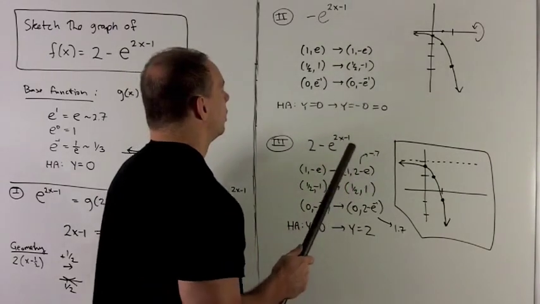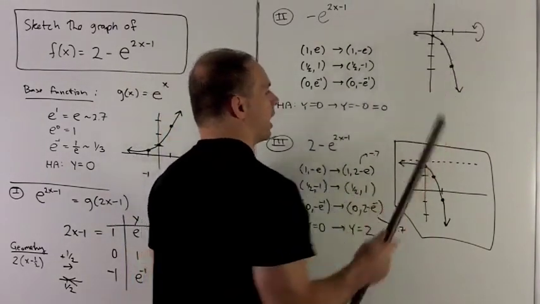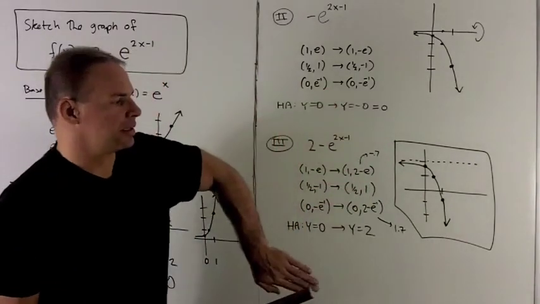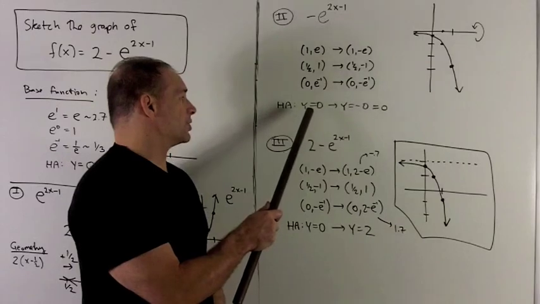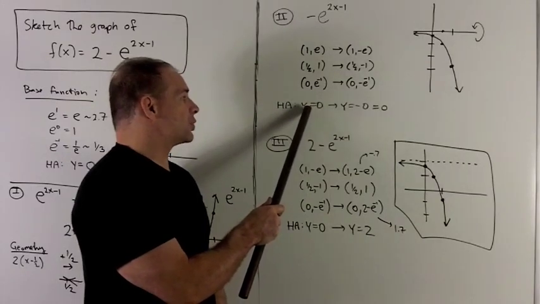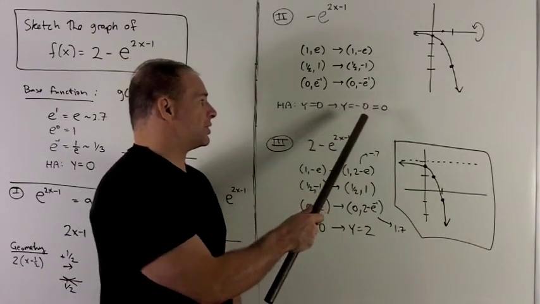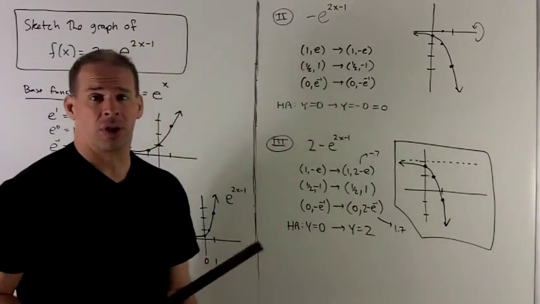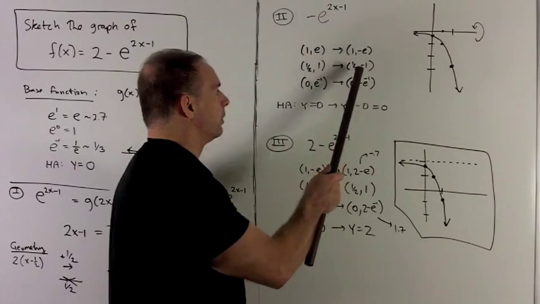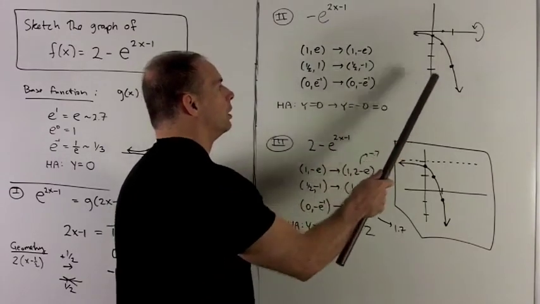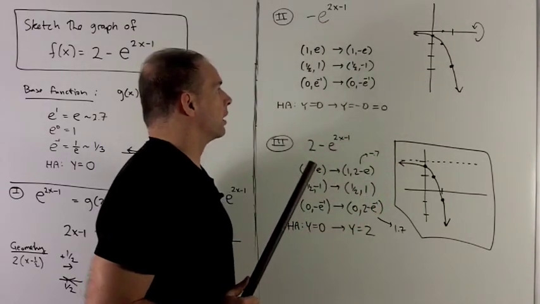The net effect is just to flip from the top to the bottom. Note that the horizontal asymptote won't change because if I switch y with minus y, well, 0 goes to minus 0, stays at 0, so the horizontal asymptote stays where it is. Then we plot our 3 points and we just see that they go underneath, like we would think.